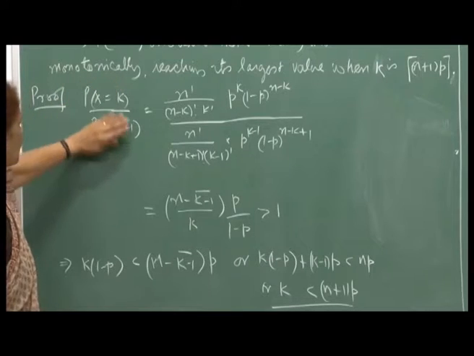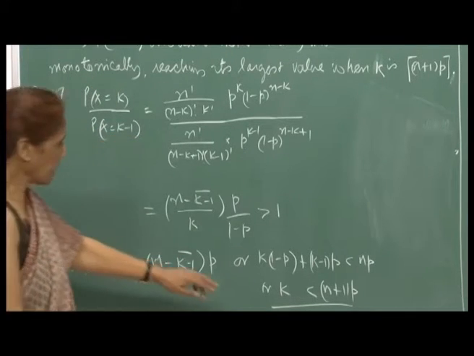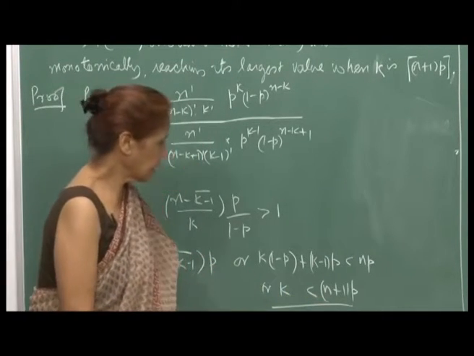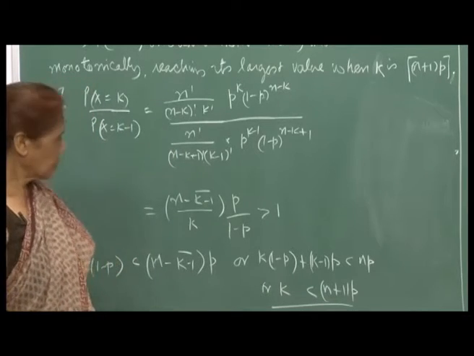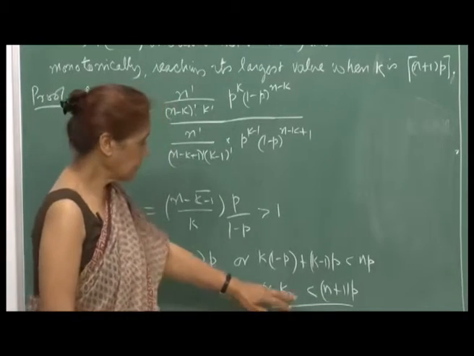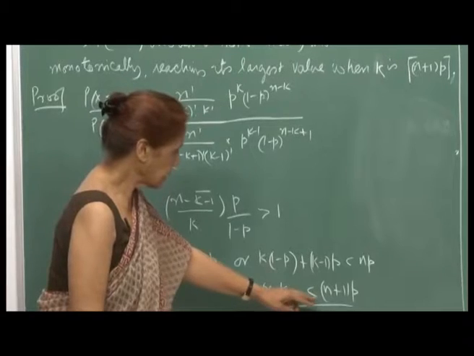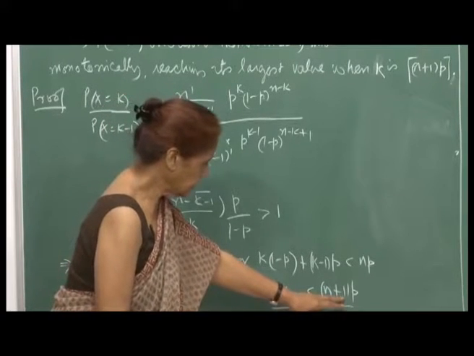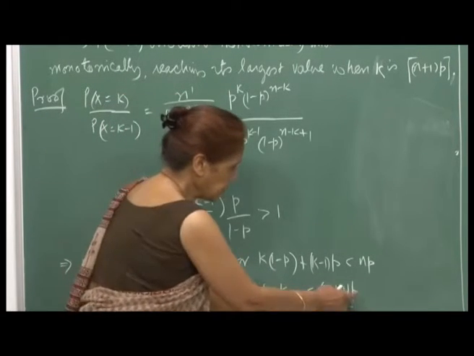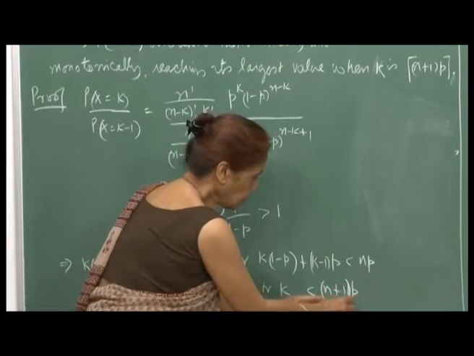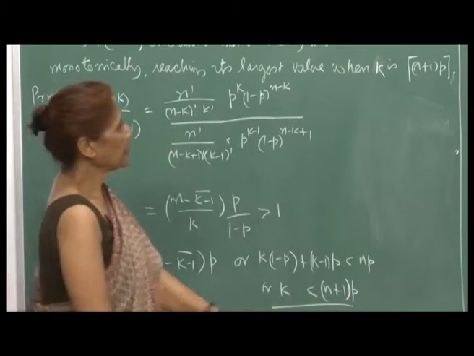This number is greater than 1 as long as k is less than (n plus 1) into p. Since k is an integer, the probabilities go on increasing till k reaches the largest integer present in (n plus 1) into p. Okay, so that is what we say.